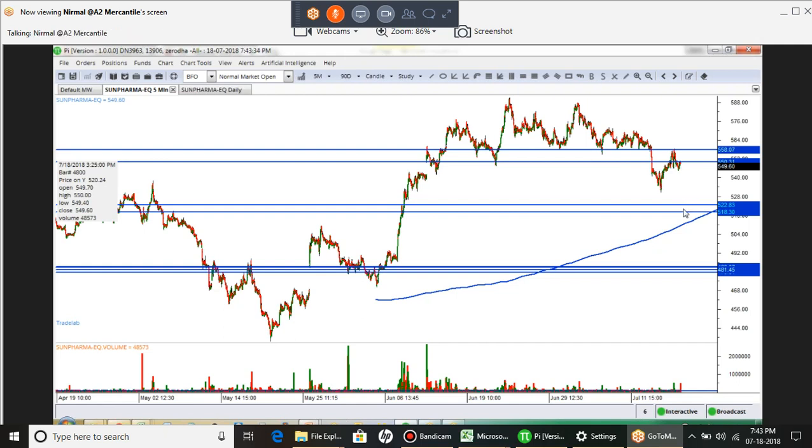So the likelihood would be that it will break this level. However, if it doesn't happen during this week, it might happen that next week it takes support from here and tries to move up, if pharma has to go up. Understood?